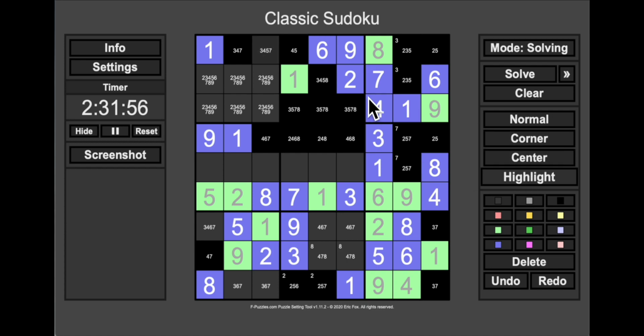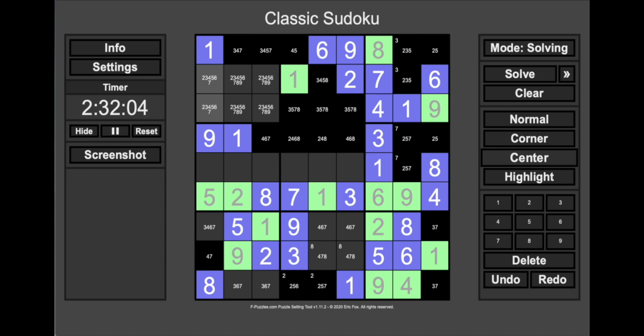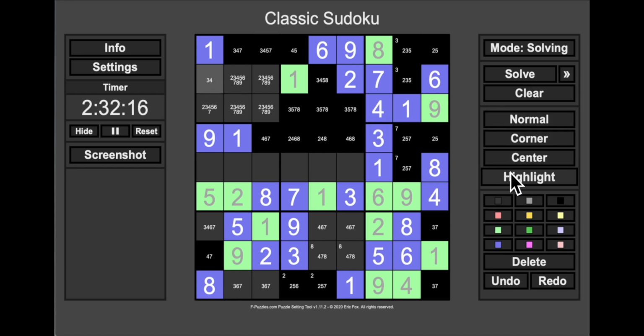So that's right. Now these cells, these two are not 8 or 9. This cell is not 2, 6, or 7, or 5. So that one's down to 3 or 4. That's annoying.